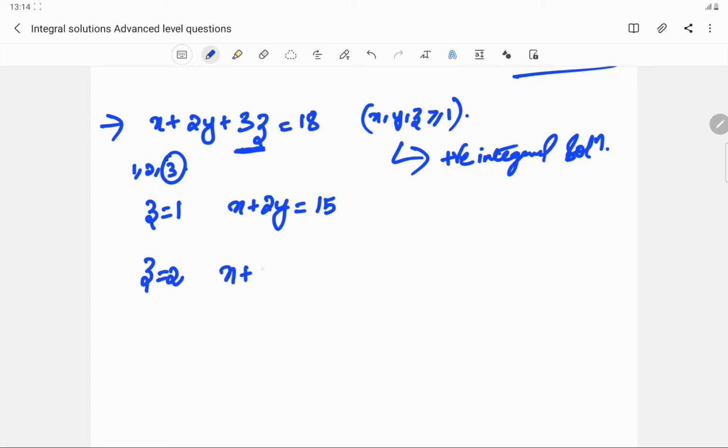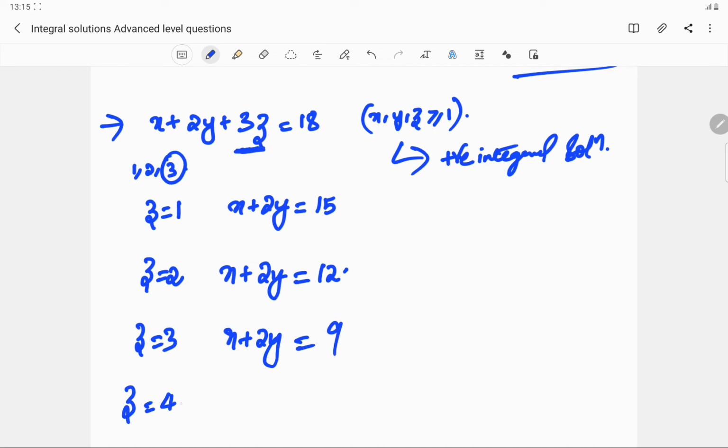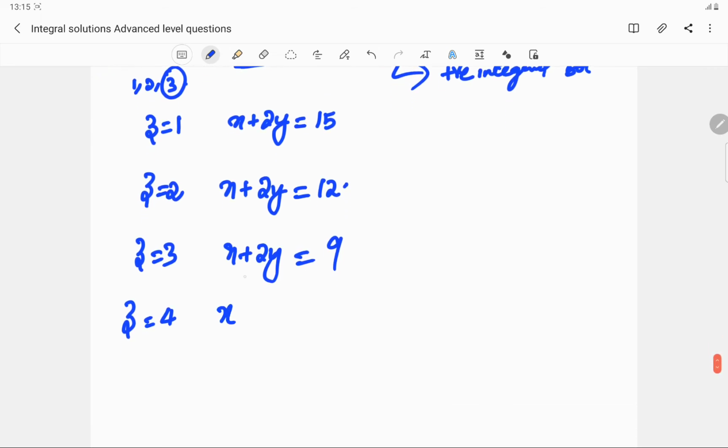We are going to get x plus 2y is equal to 18 minus 6, this is 12. So z is equal to 3: x plus 2y is equal to 9. Z is equal to 4: x plus 2y is equal to 6.